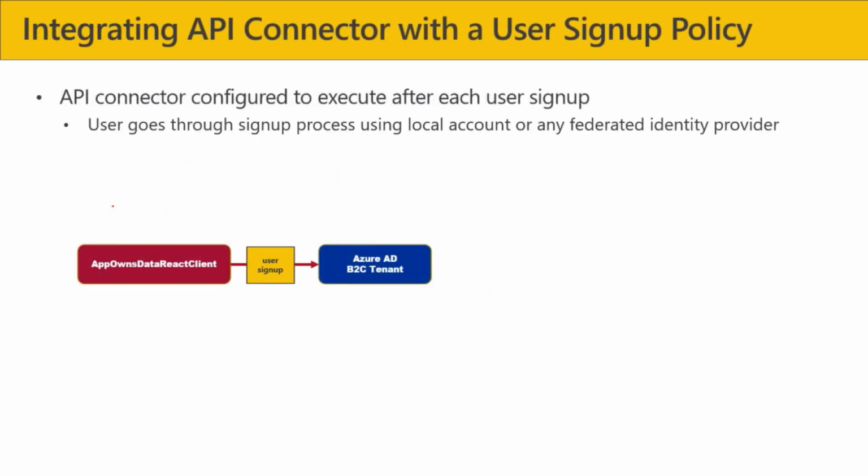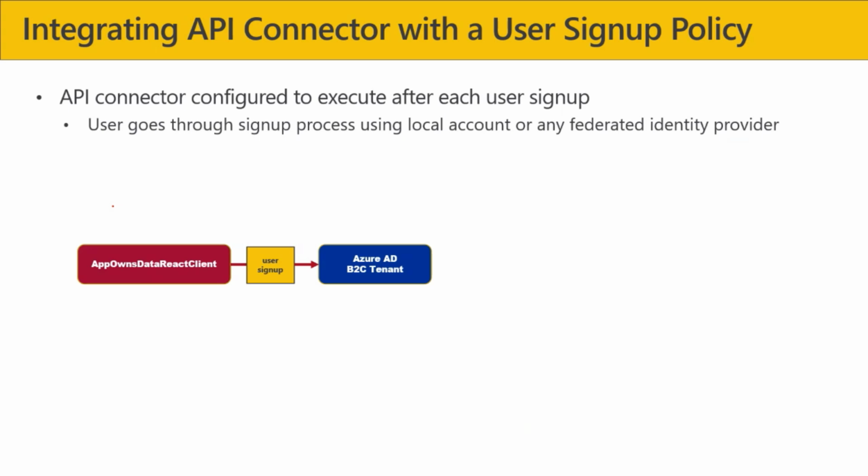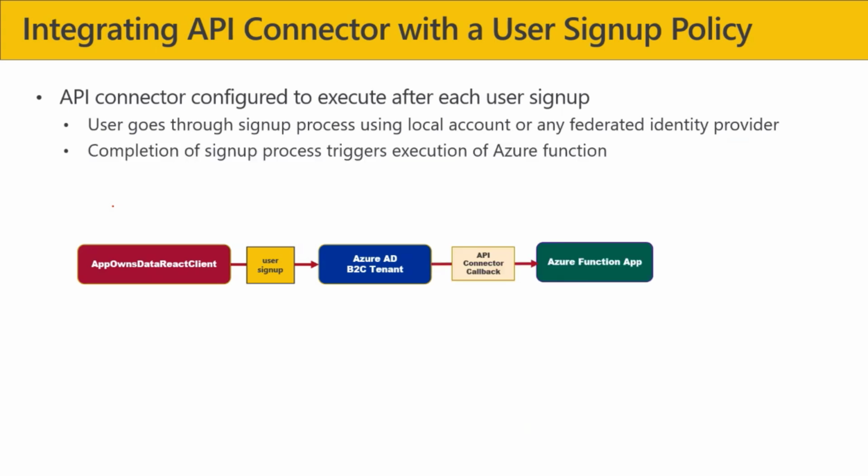The last thing we're going to see here is something called an API connector. An API connector is that when a user goes through that sign up process, I can have that basically fire an event handler. So an API connector is a callback function, and there's fairly limited usage of them with user flows, but if you're creating custom policies, you can put a custom connector in to validate that a user should be added to the system or validate user input.